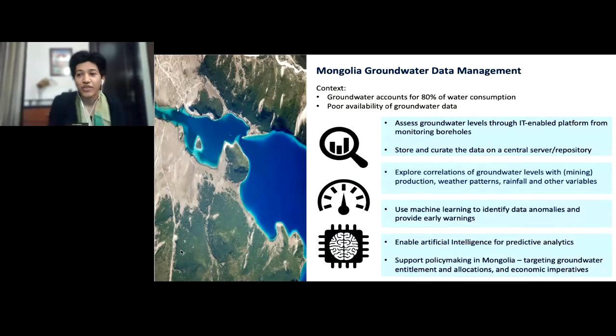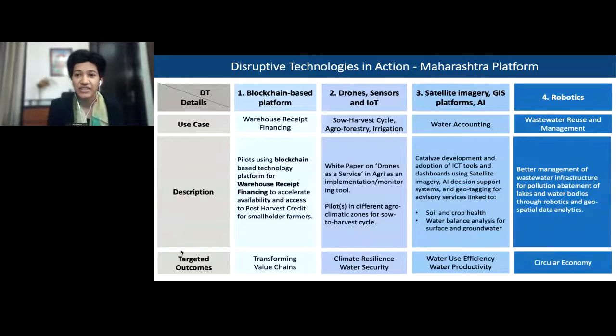This is a snapshot of our work in the state of Maharashtra in India. As you can see, there are various disruptive technology applications that we're driving, one of which is around financing, in particular warehouse receipt financing, which uses blockchain for access to post-harvest credit. So it's really trying to transform value chains through addressing the financing challenge and the use of fintech as well. The second is around a white paper that we're developing on the use of drones in agriculture.